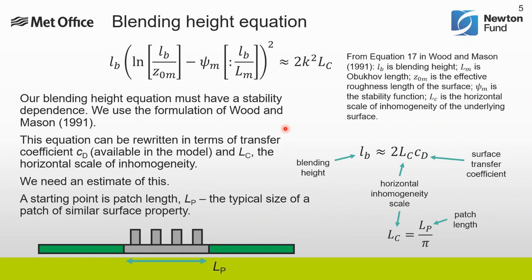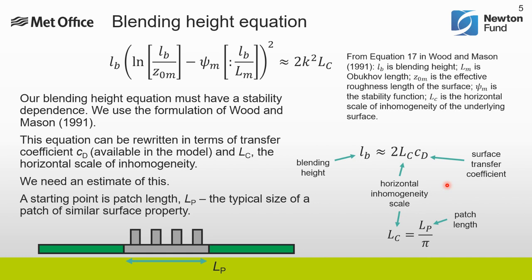It's not a particularly easy equation to handle. The blending height is scattered quite a long way through it. However, if we express that in terms of variables that are available in the JULES code, it actually collapses down to something much easier on this side, where you can calculate the blending height in terms of the surface transfer coefficient, which is everything in that bracket lumped together rather conveniently, multiplied by k squared, and this horizontal inhomogeneity scale, which is something we need to determine.